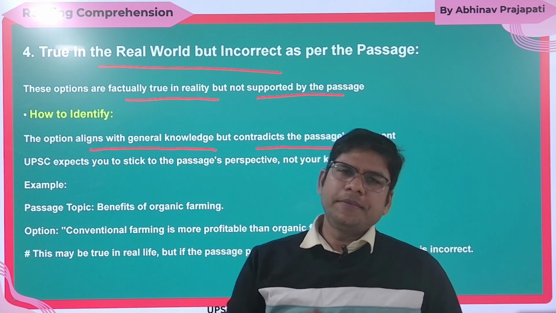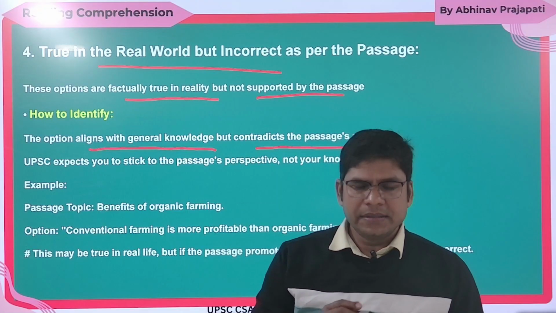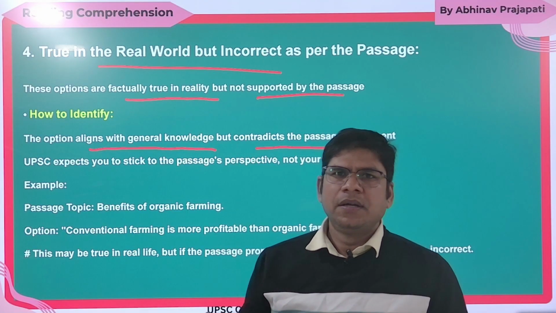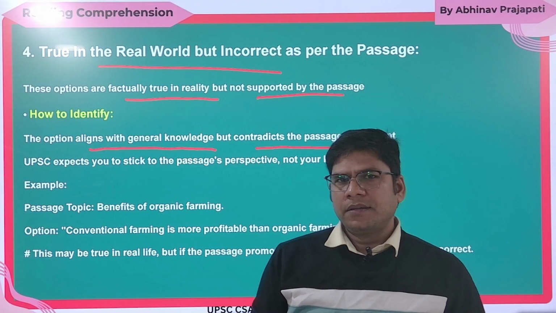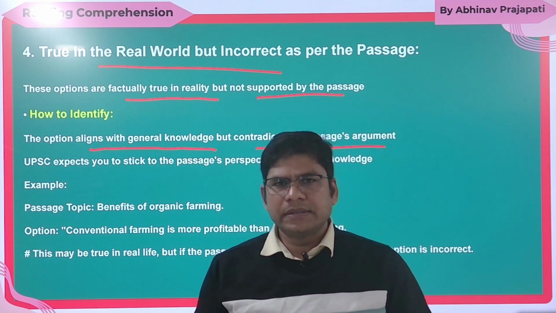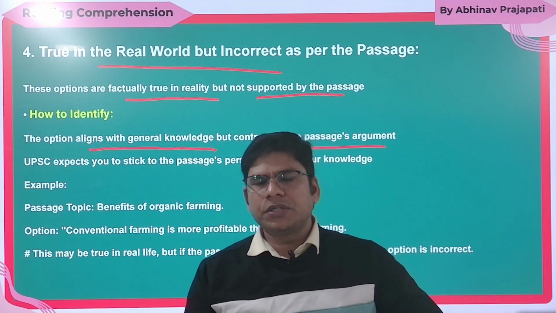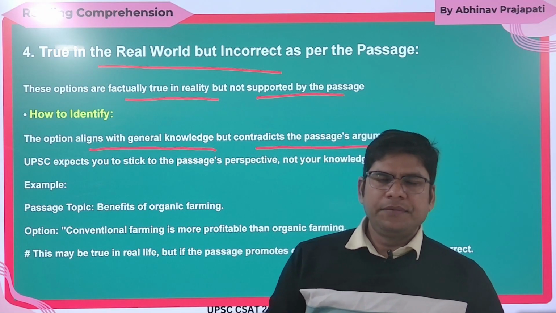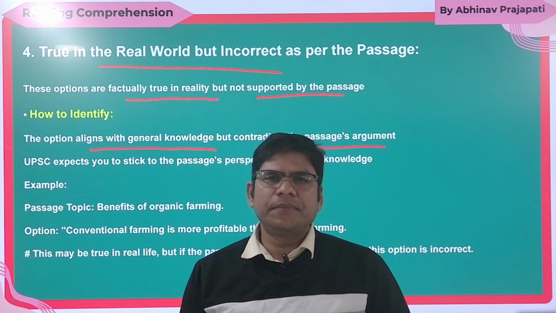So if there is a question, in which direction does the sun rise, with options east, west, south, north, which option is correct? The sun rises in the west, because this has been discussed in the passage. So we have to stick to the information given in the passage, and based on that information we have to answer.